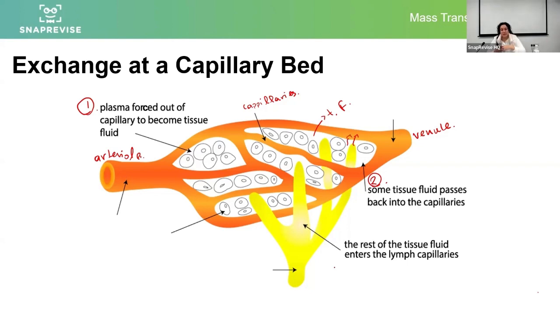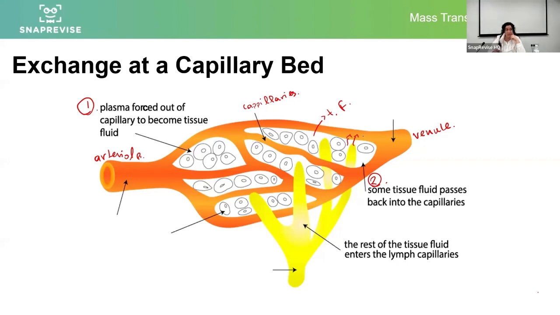What happens to the rest of the tissue fluid, though? It cannot just stay. There has to be a constant turnover, basically, of tissue fluid. The old tissue fluid that is low in nutrients and high in metabolic waste has to somehow get cleared out. Because of this quite small difference in oncotic pressure, not all of the tissue fluid is going to be absorbed back into the capillaries.